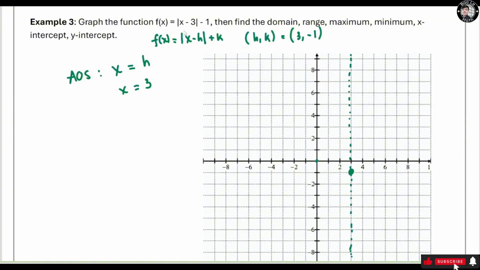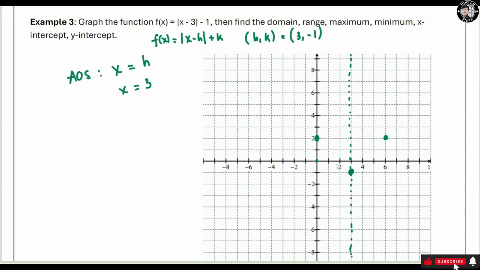Substitute 0 for x over here. So I have 0 minus 3 equals negative 3. Absolute value of negative 3 is 3. 3 subtract 1 is going to be 2. So it could be x equals 0, y equals 2 right here. By symmetry, you have the reflection points right here, right?